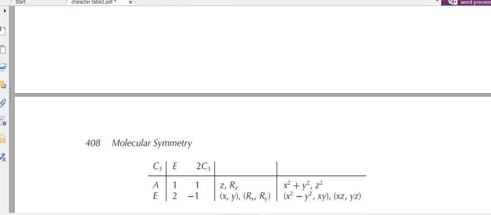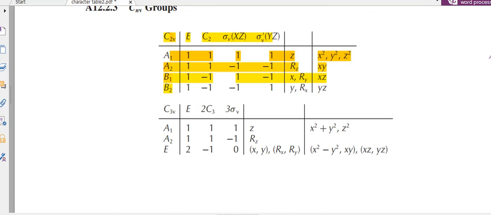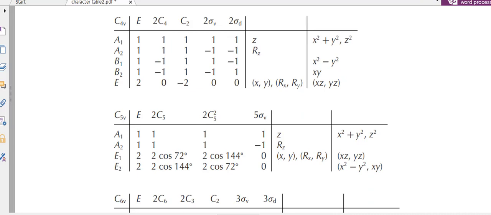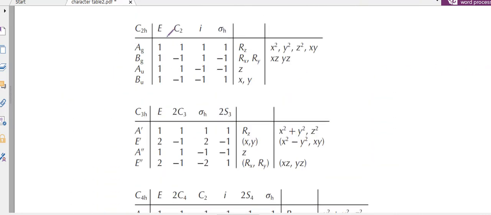If you go to some other table, say this one, C3V, E is one class, 2C3 is one class, 3 sigma v is one class, and so you have 3 classes here. Next, if you go to some other character table, say C2H, you find E, C2, I, sigma H. So you find 4 classes.